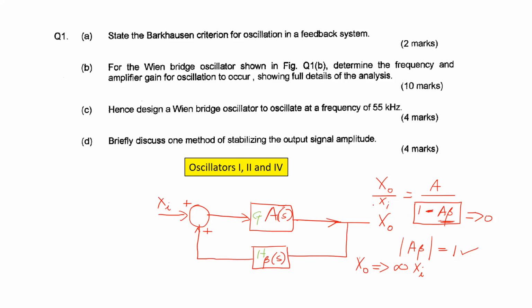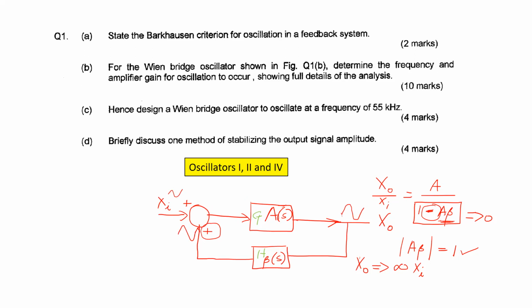The other part of it is this here. This depends on having positive feedback. That's how we got a negative sign here. Positive feedback means that whatever signal I have here, when it adds back to the input, has to be in phase with the input. So we have some input coming in.